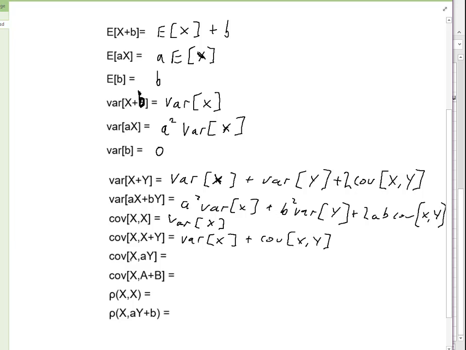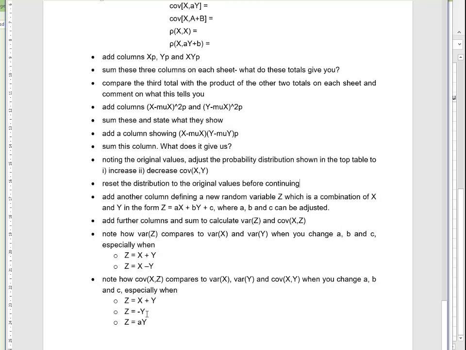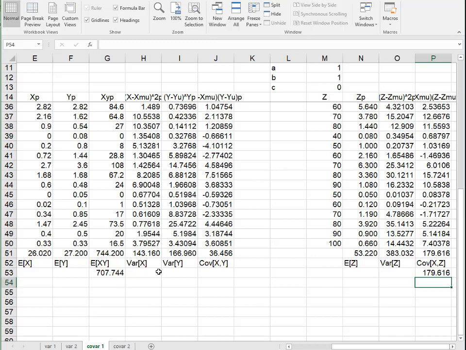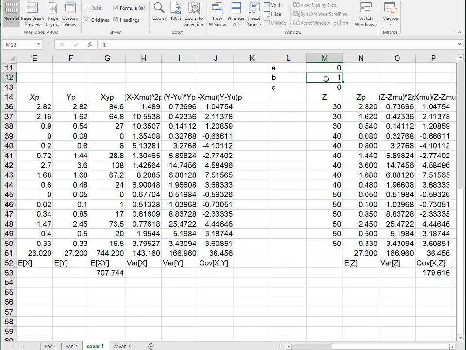Next one is covariance of x with a multiple of y. Okay, so this is a special case of this one, so let's do that. So we do minus 1. So cleared that one. So now z only depends on y.